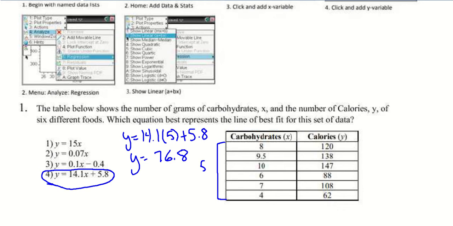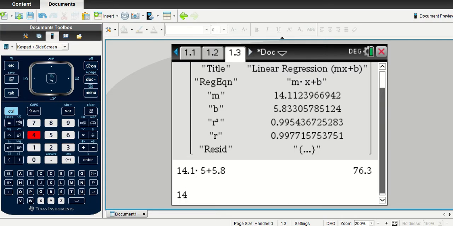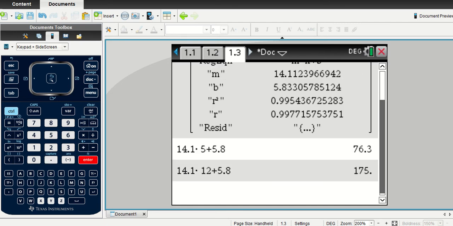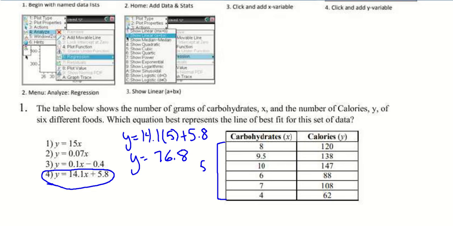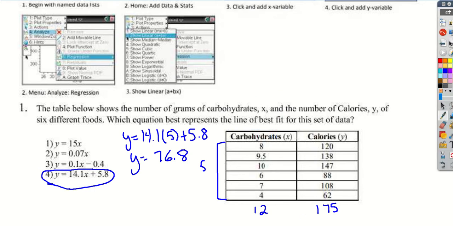However, if we were to try to predict like 12, and we would say 14.1 times 12 plus 5.8, we're not going to get a very accurate prediction. 175 is not necessarily accurate because it's outside of our data. It's not going to be a good prediction. So this is something we want to be careful with when we're extrapolating data, that we're not using our data for something that's outside of its limits of the numbers that are given.